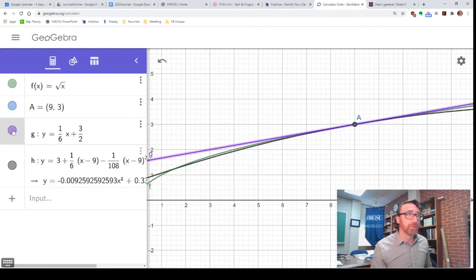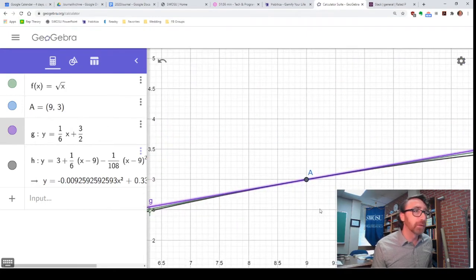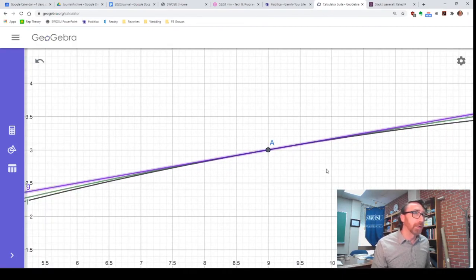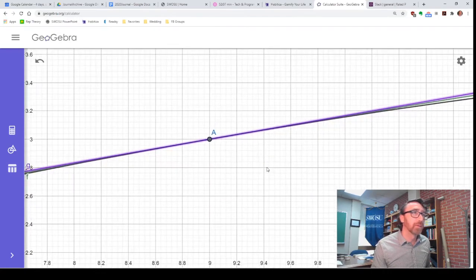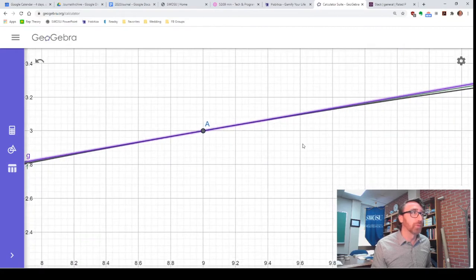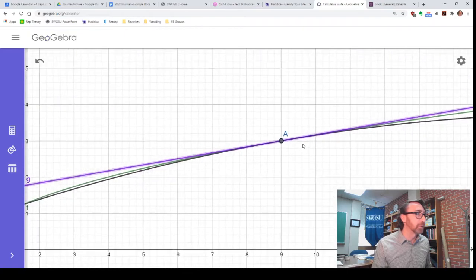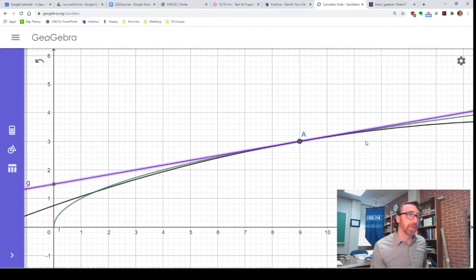Okay, so we can see here, if I zoom in near x equals 9, notice that my tangent line doesn't bend, of course, right? It stays straight because it's a line. But that second degree polynomial kind of bends with the square root function, at least a little bit.